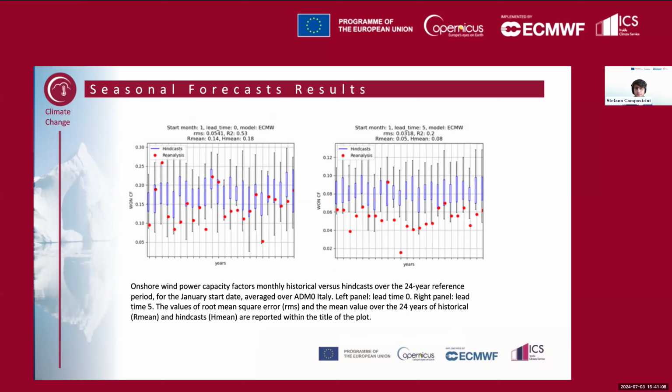So the two parameters we are looking at now more specifically are the start month, January, and lead time. So this is January for the January run, and this is the 5th, so June for the January run. So these belong to the same run, and we are plotting now the distribution of the hindcasts.